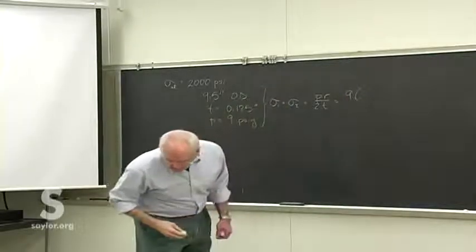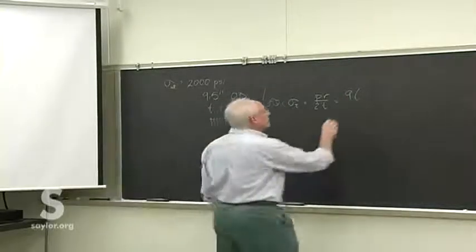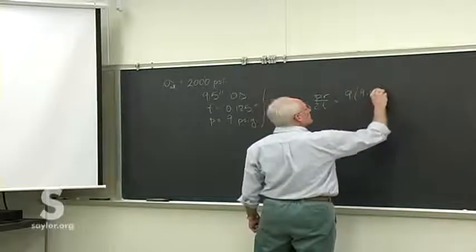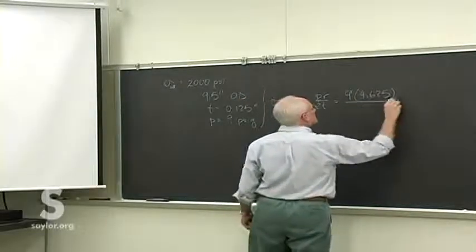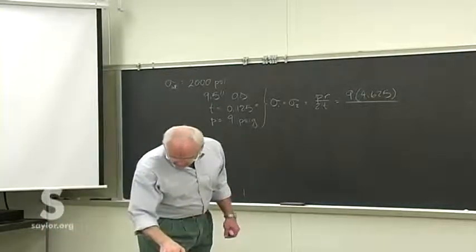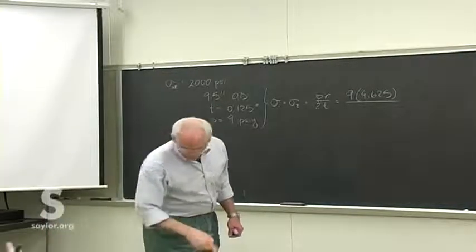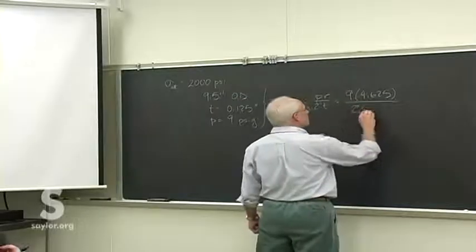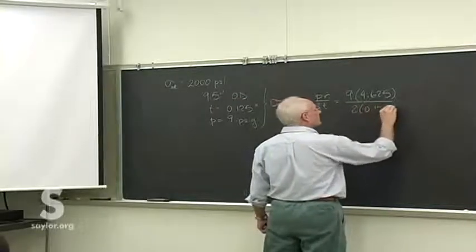The radius, I think, comes out to be 4.625, and the inside wall thickness that was given, 4.125.